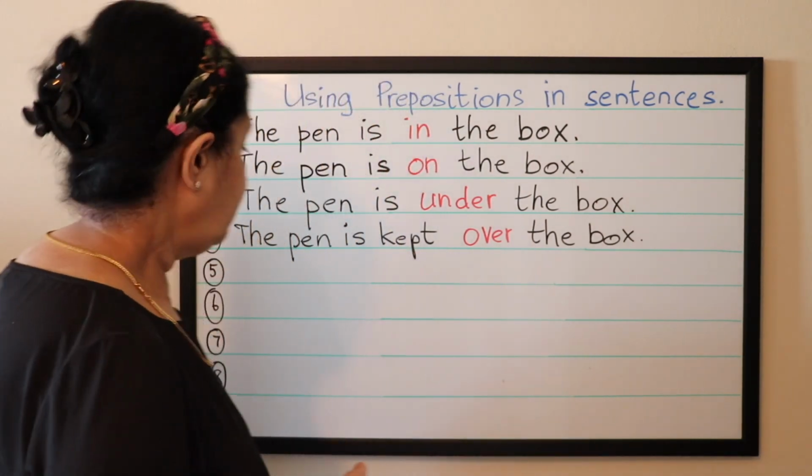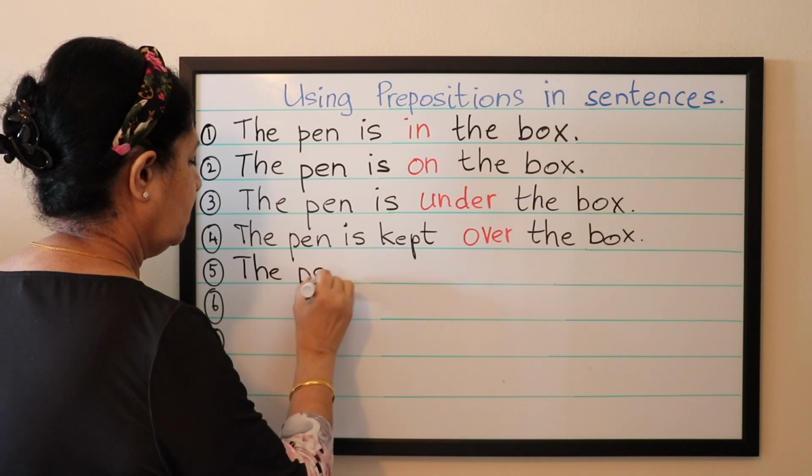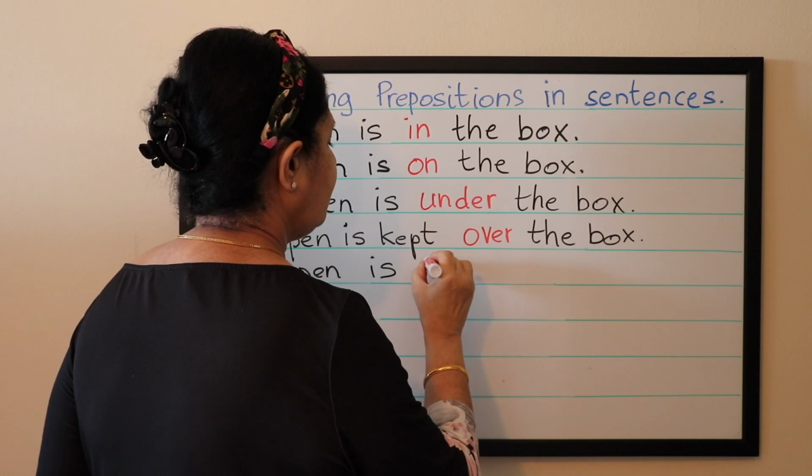Next one, behind. The pen is behind the box.